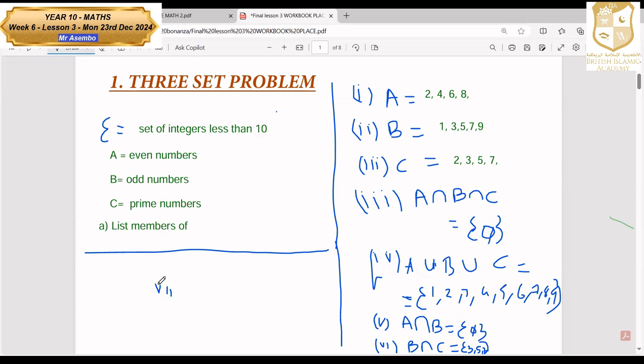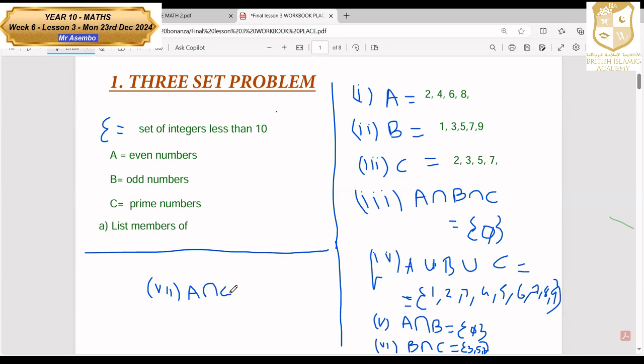Marwa. Give us the last one, A intersection C. It is 2 and 3.